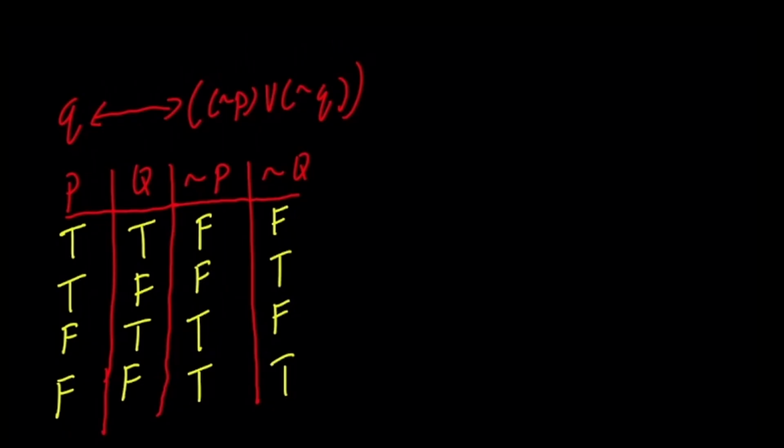Alright, well, are we done yet? How much further do we have to go? Well, we have to create a column for this as well, right? In order for us to see if Q is exclusively P, not P or not Q, we gotta hone in on the whole entirety of the right side of the system. So let's do that. And let's see here.